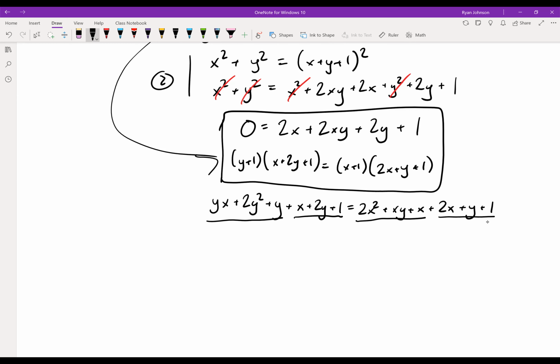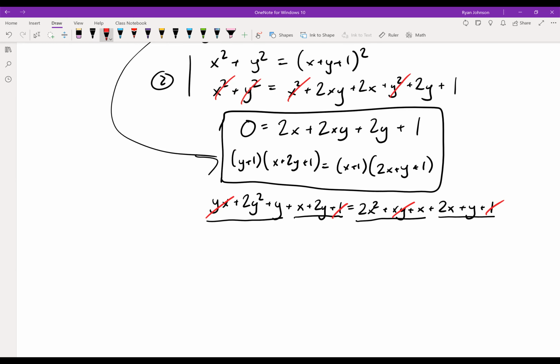And now let's look at what we have here. Well, what things cancel? There's an xy and a yx on both sides, which can cancel out. There's just an x squared and a y squared there. And so then, what else can we do? So maybe let's just move everything over. Also notice we can cancel out the ones.